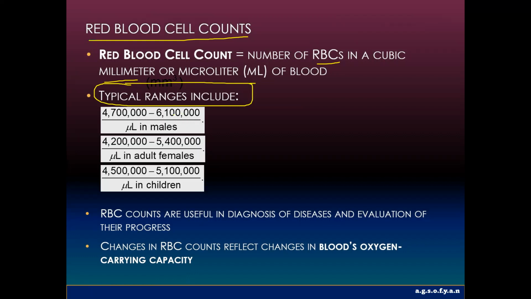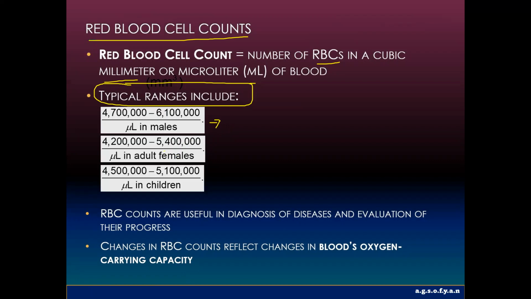You take a sample and count it using a special counter. For male adults, the red blood cell count should be around 4.7 million to 6.1 million.